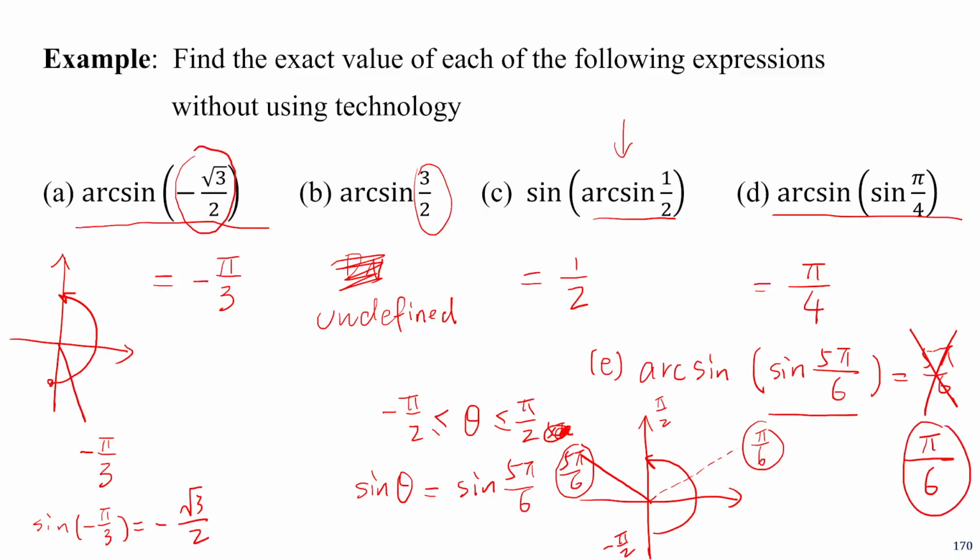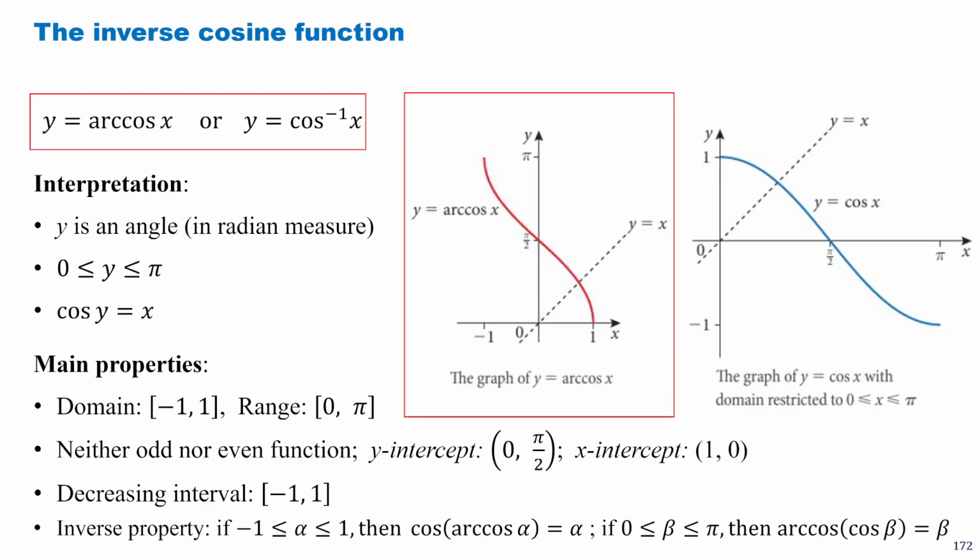Any questions? No? Okay, so next let's have a look at the inverse cosine function. So similarly, when you see the notation y equals arc cosine x or y equals inverse cosine x, that means three things. First, y is an angle, right? And then y is between 0 and pi.